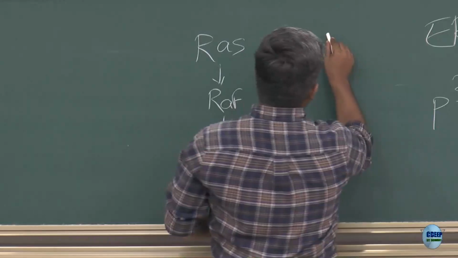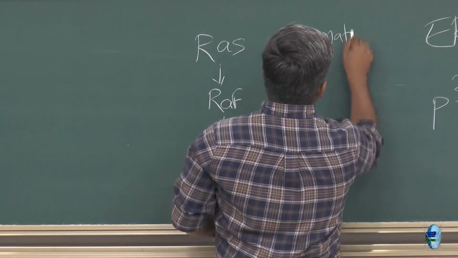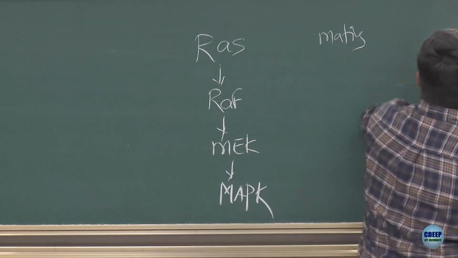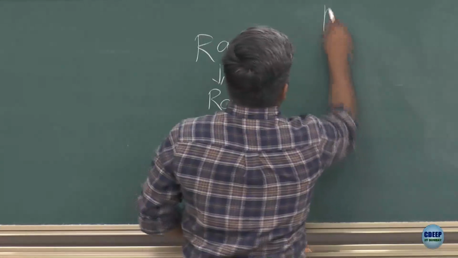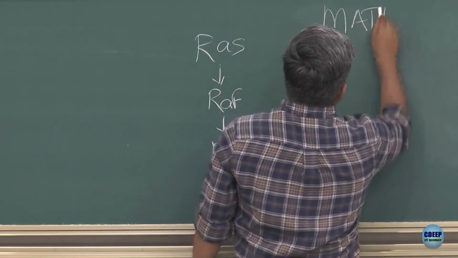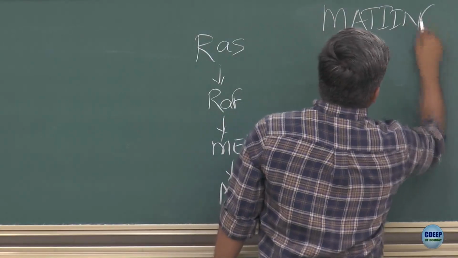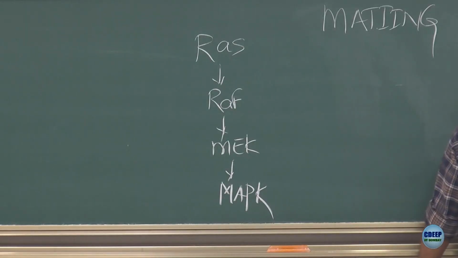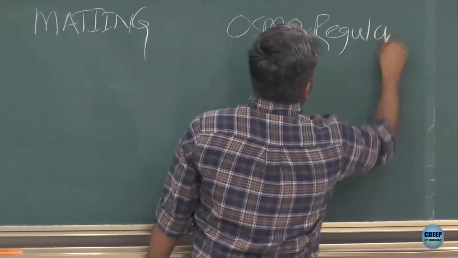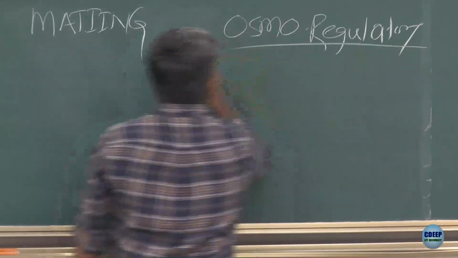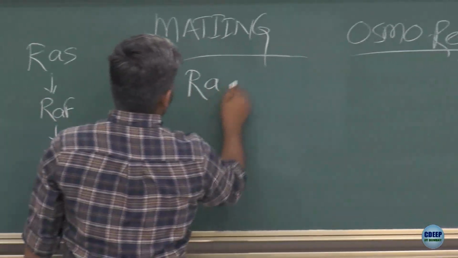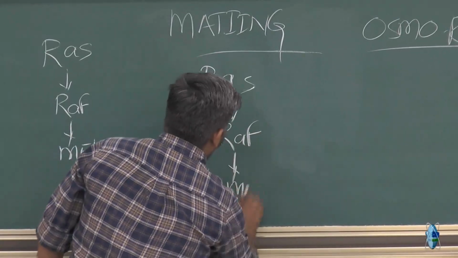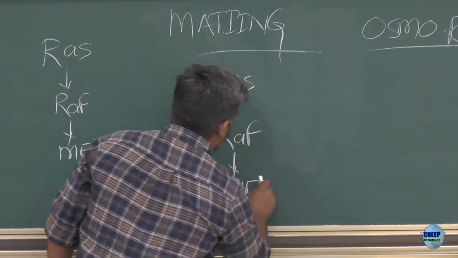Even in this case, whether it is the mating or your osmoregulatory pathway, the same cascade is happening: RAS, RAF, MEK.